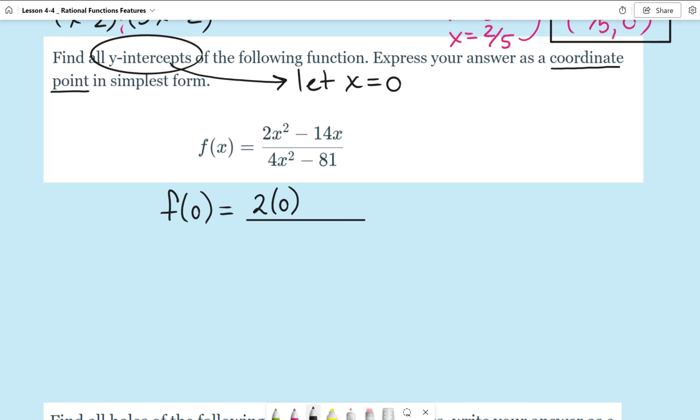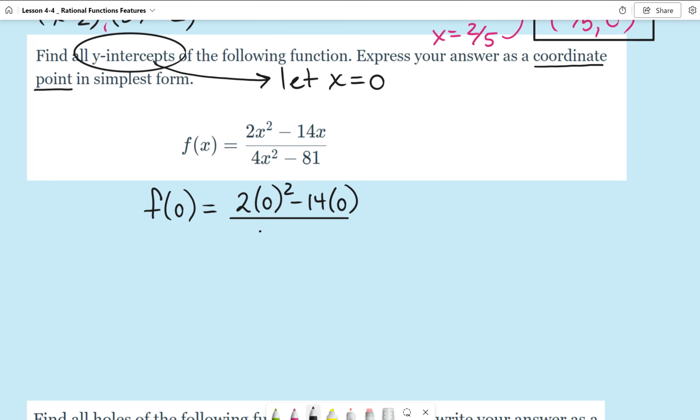So 2 times 0 squared minus 14 times 0 over 4 times 0 squared minus 81. Well, 0 squared is 0, times 2 is 0, minus 14 times 0 is 0. So 0 minus 0 is still going to stay 0. And 0 squared ends up being 0, and 0 minus 81 is negative 81.